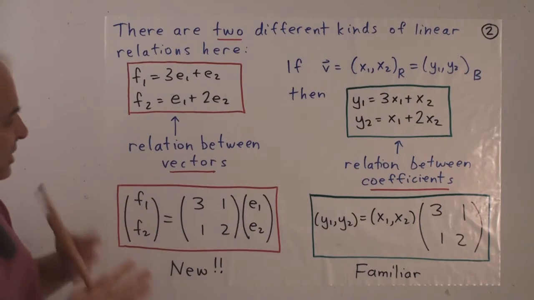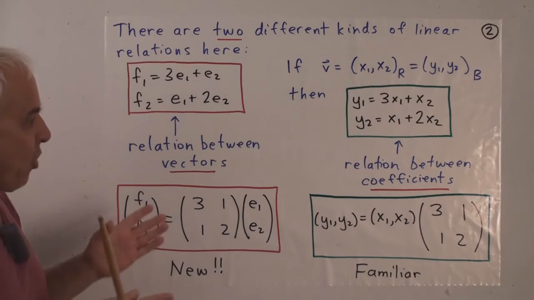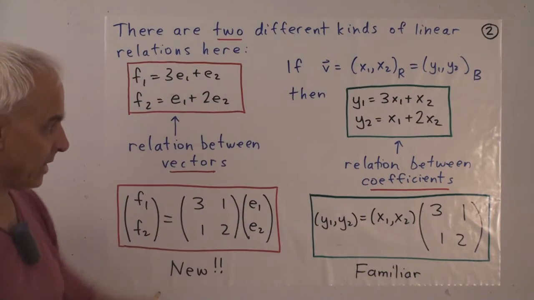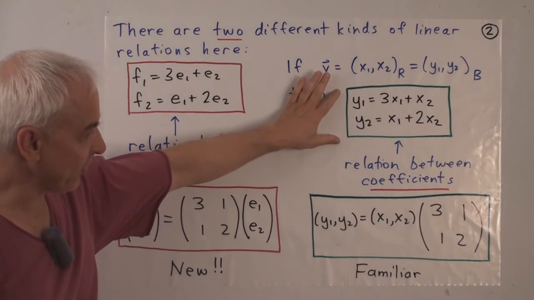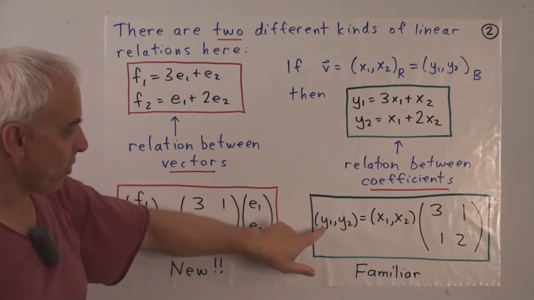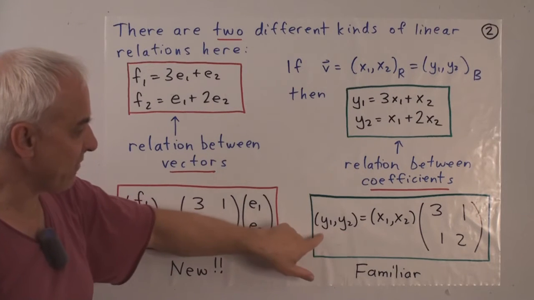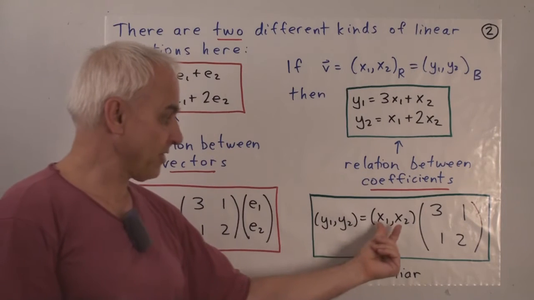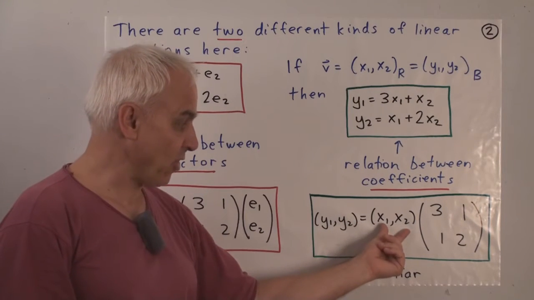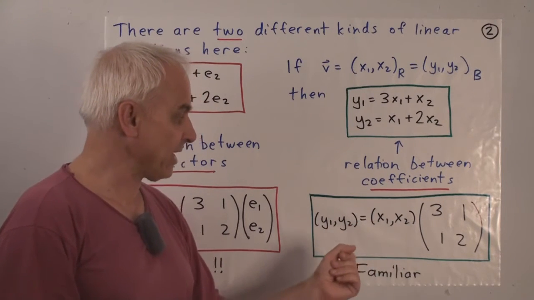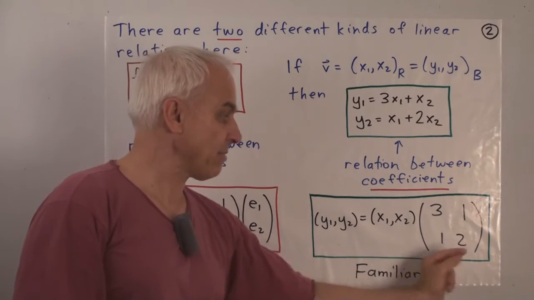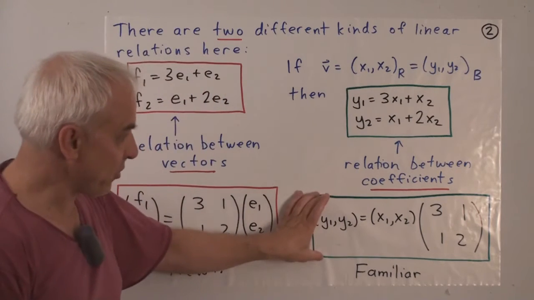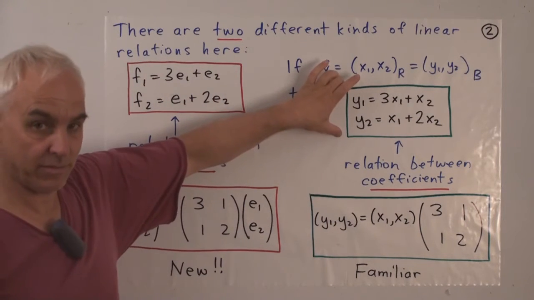Now, with our matrix formulation of things, we can try to encode both of these relations in a matrix form. Let's do this one first. We're going to write it the following way. We'll think of this coefficient vector, y1, y2, as a row, and the coefficient vector x1, x2 as a row. The connection between them is that we're multiplying this one on the right by the matrix (3, 1; 1, 2). Let's check that this equation is really the same as this one.